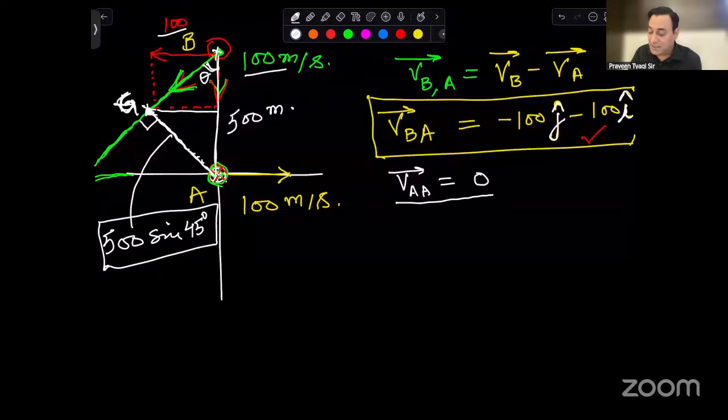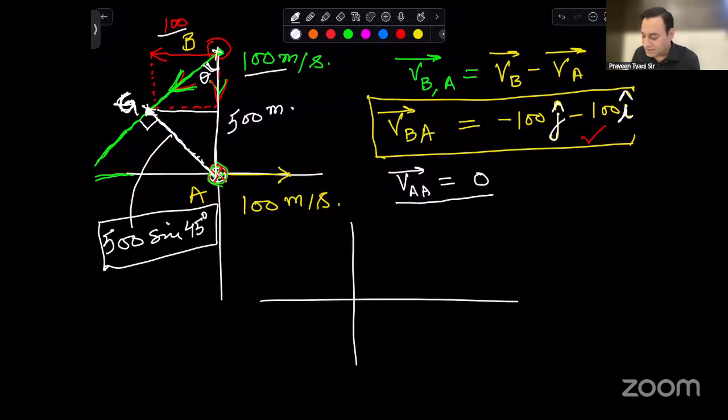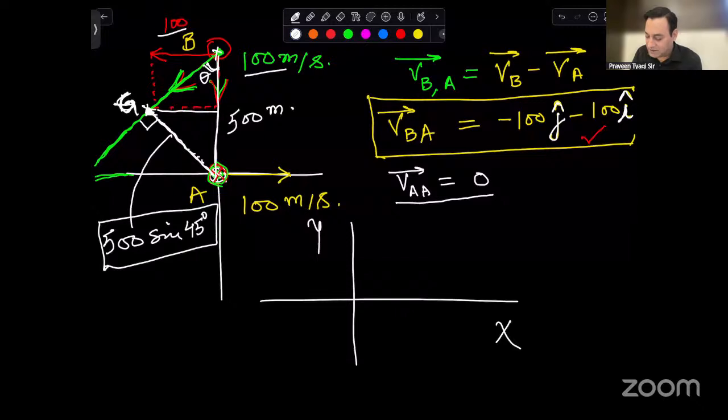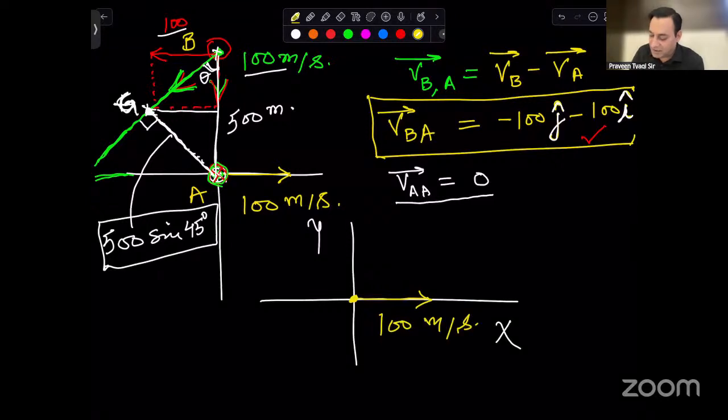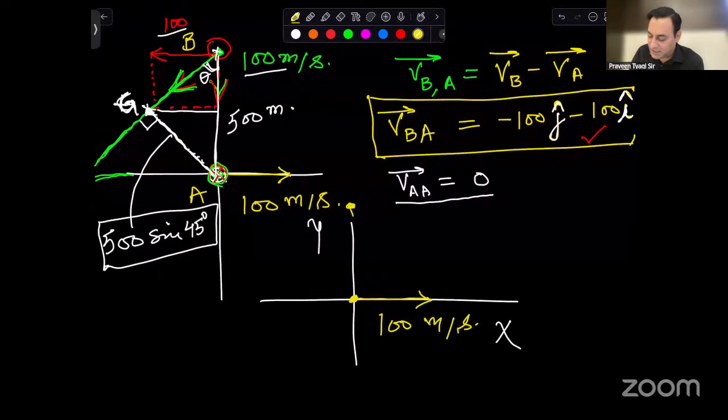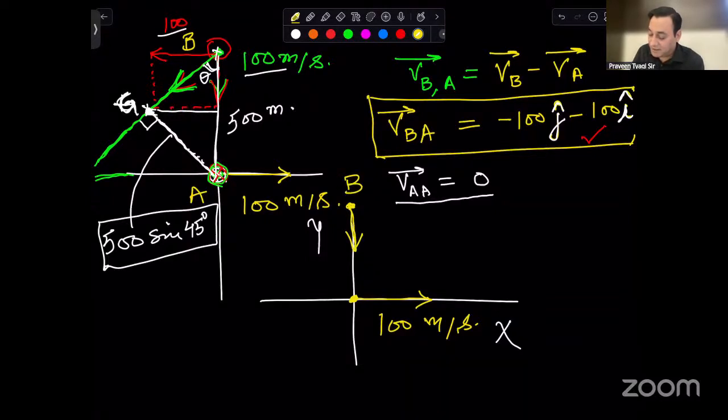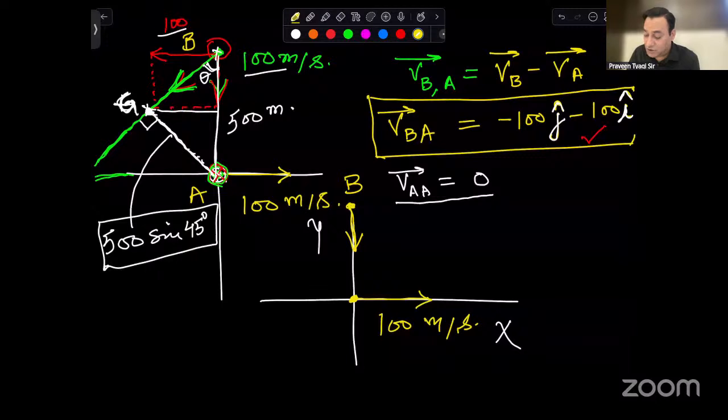Now just see, it was so difficult to understand. If this is the x-axis, this is the y-axis, and there is a man who started from a region and is moving in the x direction with 100 meters per second, and there is another man who is at 500-meter distance and moving along the negative direction of the y-axis, this is B, then their closest distance is not going to be obvious.